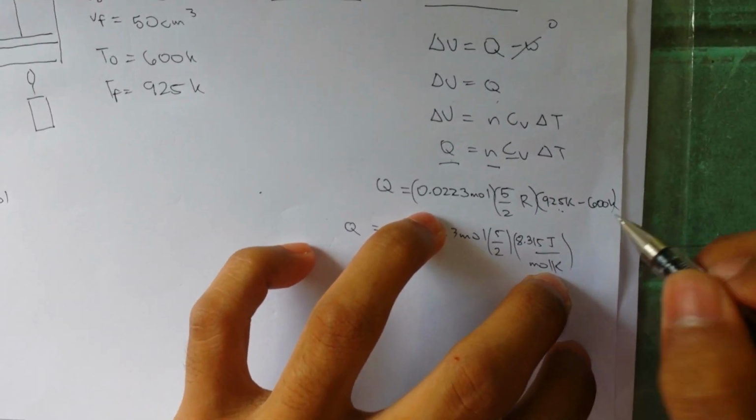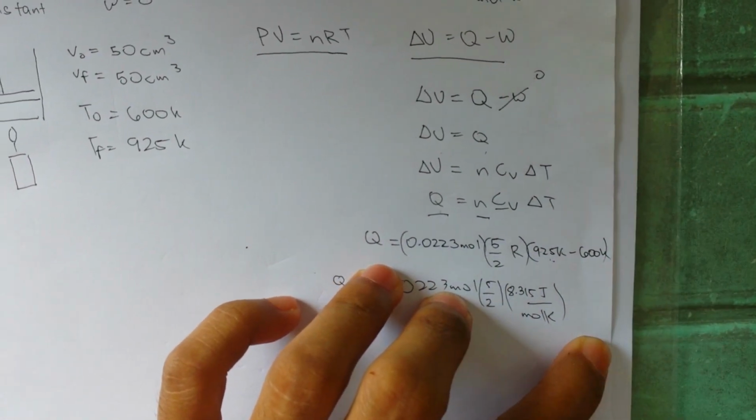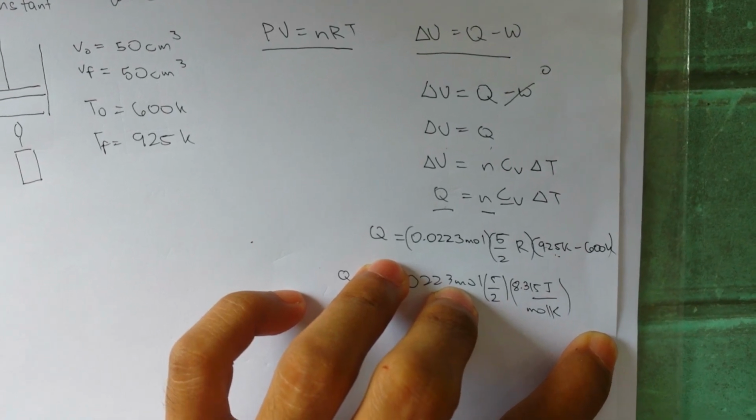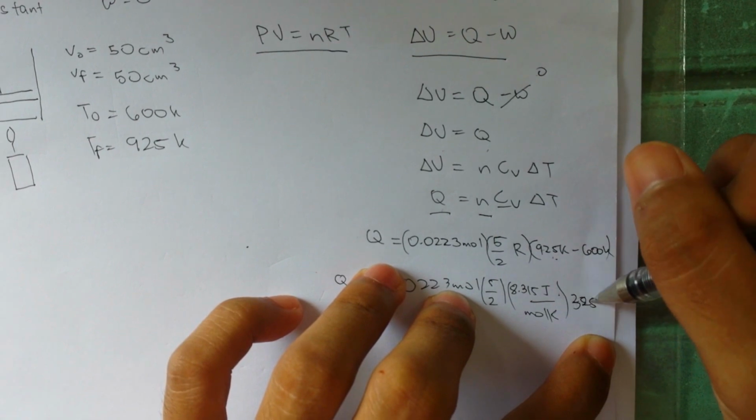The difference between the final and the initial is 325 Kelvin.